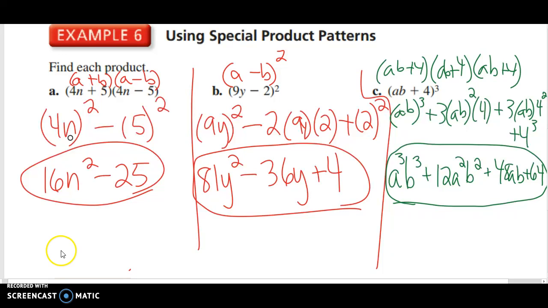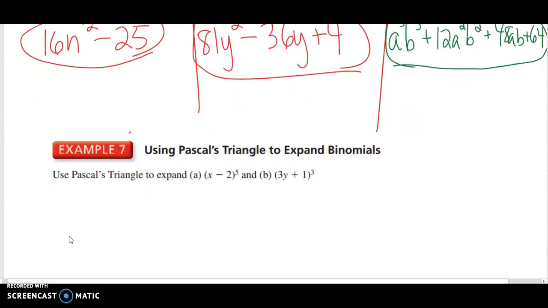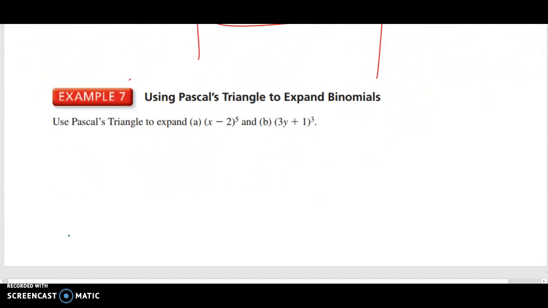Now take a look at example 7. This has to do with Pascal's triangle to expand binomials.